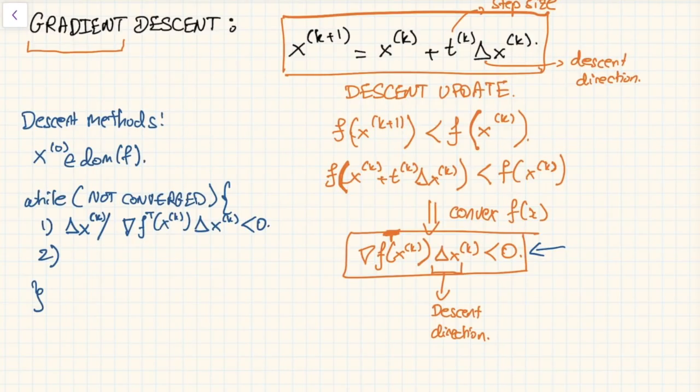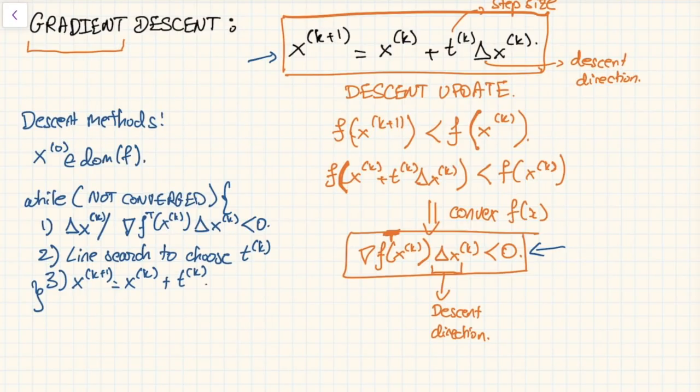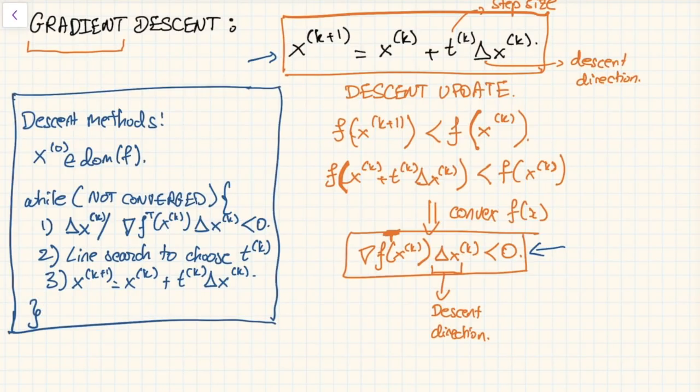So over here you've got a line search to find tk. And last but not least, you've got this update to generate the next point: xk plus 1 is xk plus tk delta xk. And this is the general blueprint of descent methods.